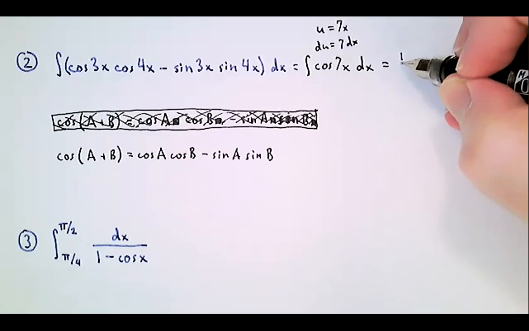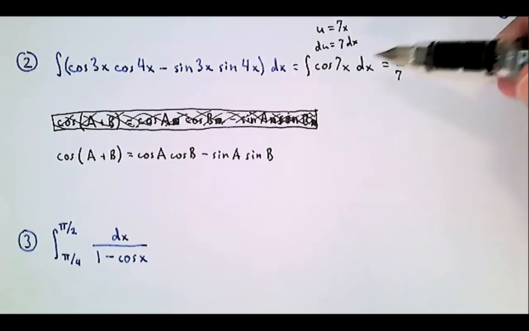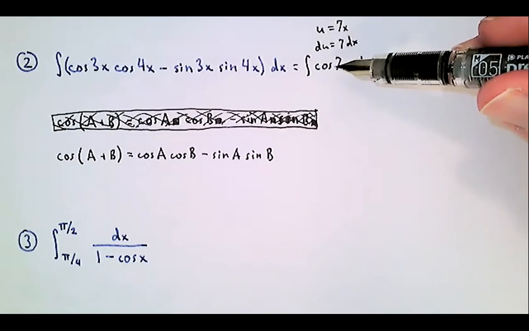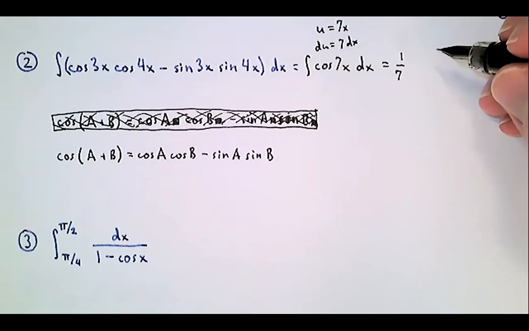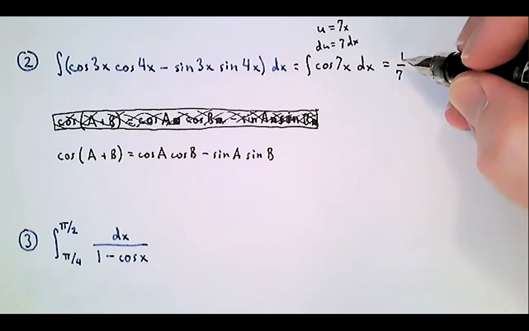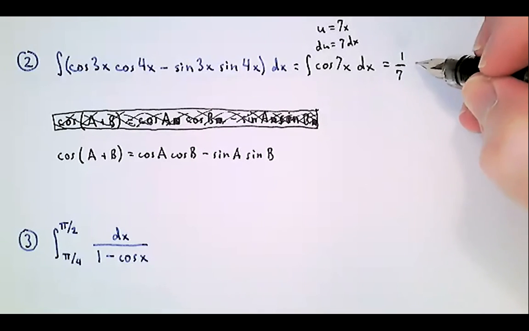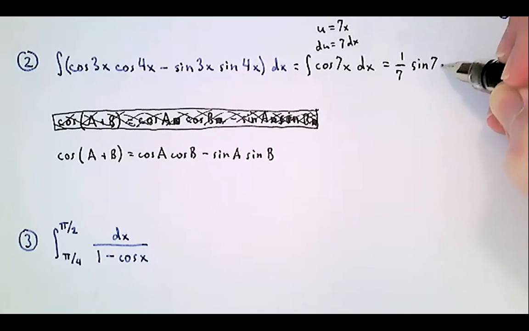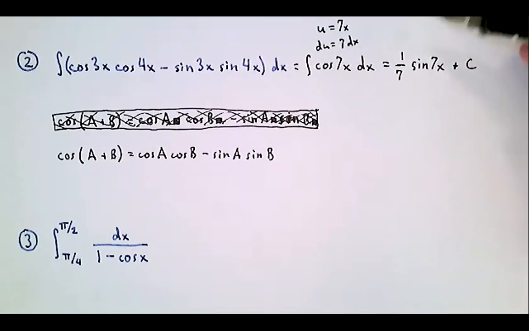So we get a 1/7. And then what's the antiderivative of cosine? The standard antiderivative? Anyone? Sine. Sine, good. So we need a 1/7 sine of 7x plus c.